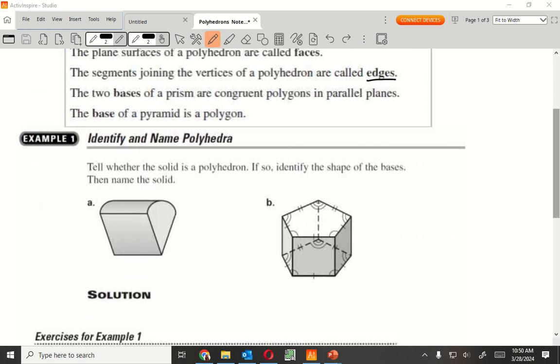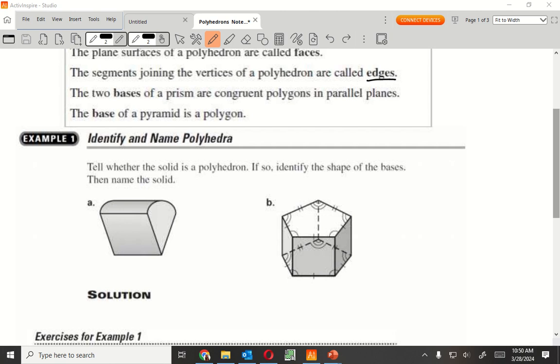It says, identify and name polyhedra. Tell whether the solid is a polyhedron. If so, identify the shape of the bases. Then name the solid. Now, this one right here. Does it have a polygon for each one of the sides? No. Can anyone tell me why? It's round.